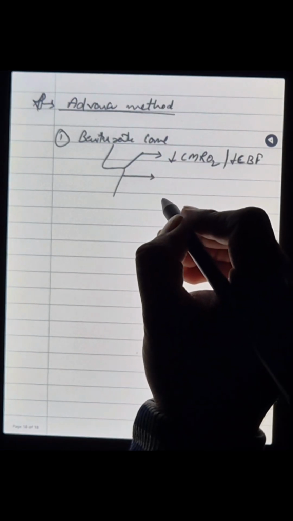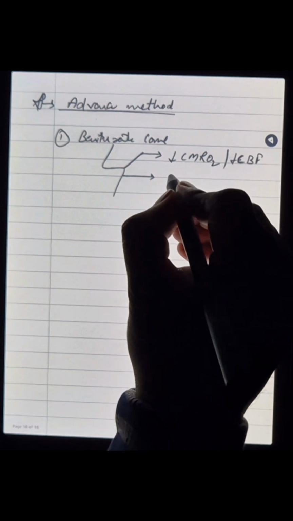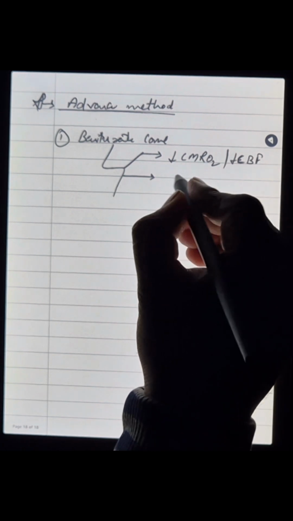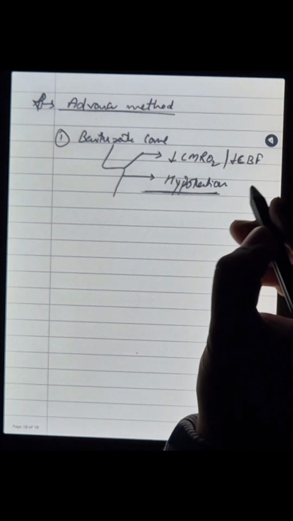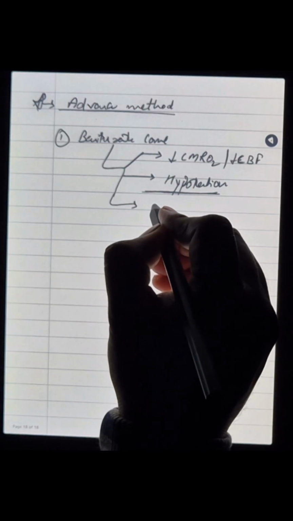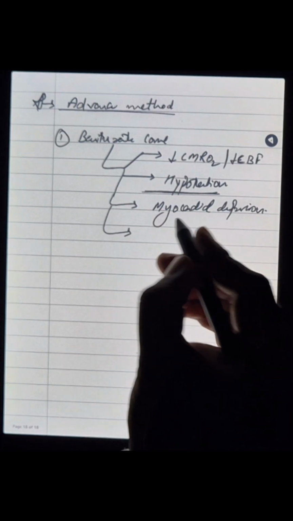Second part, it may cause hypotension. So we have to carefully monitor the patient for low BP, and it also causes myocardial depression. And it also has some action like immunosuppression.